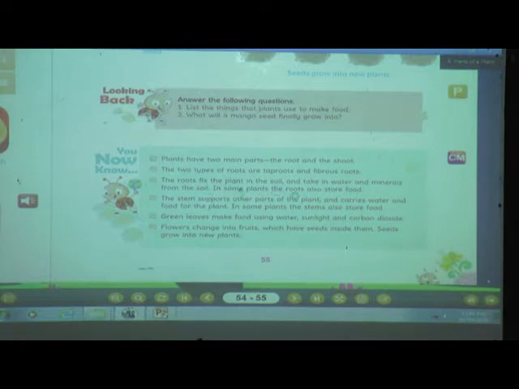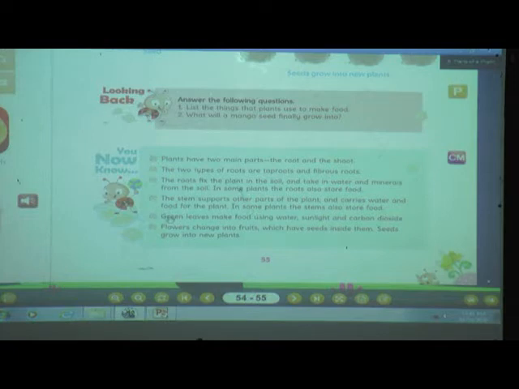In some plants, the roots also store food. The stem supports other parts of the plant and carries water and food for the plants. In some plants, the stem also stores food, like sugarcane.